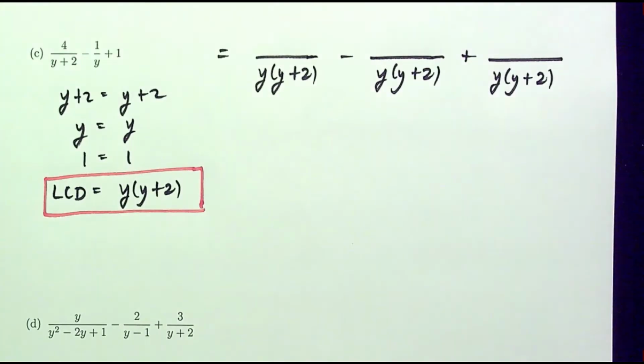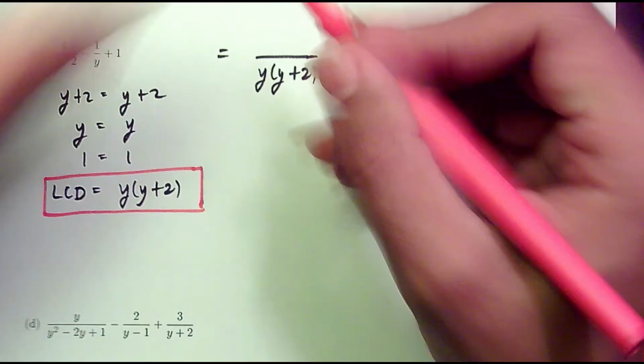The first one, what is it missing from the bottom? It is missing a y. So that means you multiply the bottom and the top by y, and the top is going to become 4y.